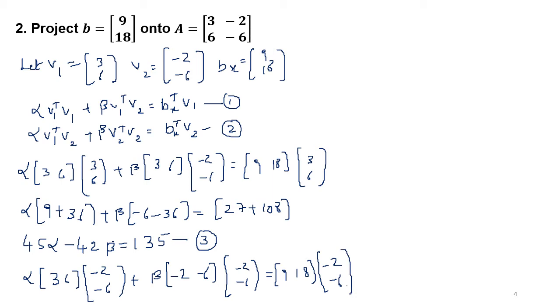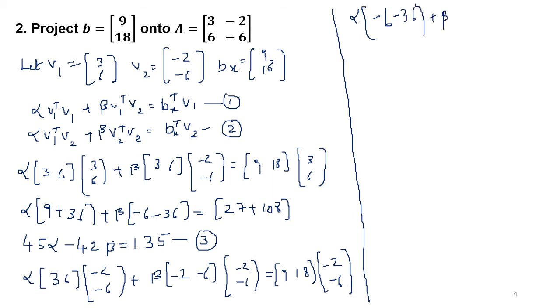So we'll try to simplify this, or multiply it out. We'll get alpha into 3 2s are 6, which is minus 6, 6 6s are 36, so minus 36, plus beta into 2 2s are 4, 6 6s are 36, is equal to 9 2s are 18, so minus 18, minus 18 into 6 is 108.